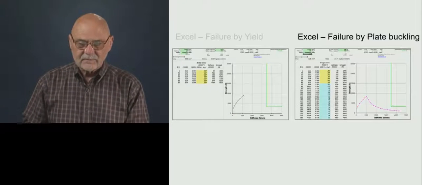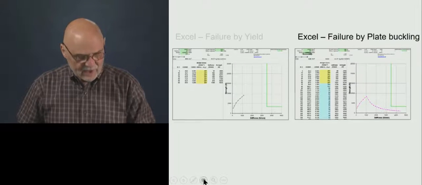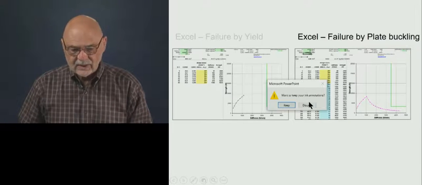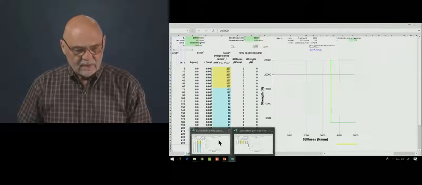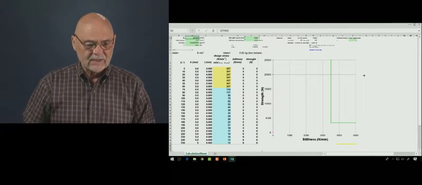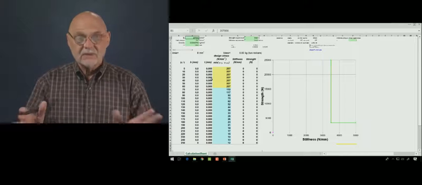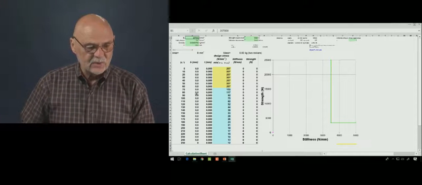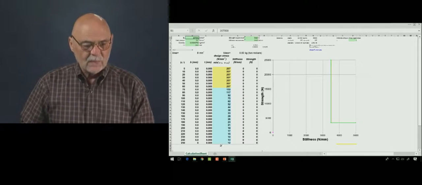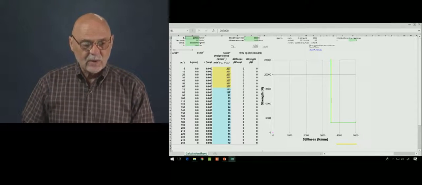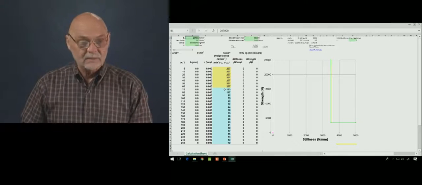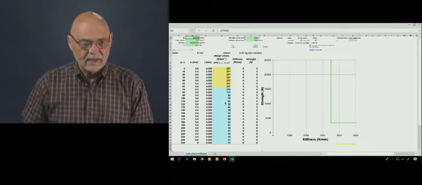And I'm going to jump out here again and go into a different model here in Excel. Everything is the same, except now you see this region here in blue, which is for B over T ratios above 60, which is where we would fail by plate buckling on that top cap.